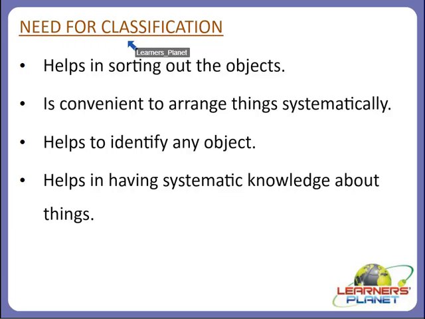Yes, the need for classification is that it helps in sorting out the different objects made up of same or different material. Then it is convenient to arrange things systematically. And that is why we define the term classification as arranging things systematically.